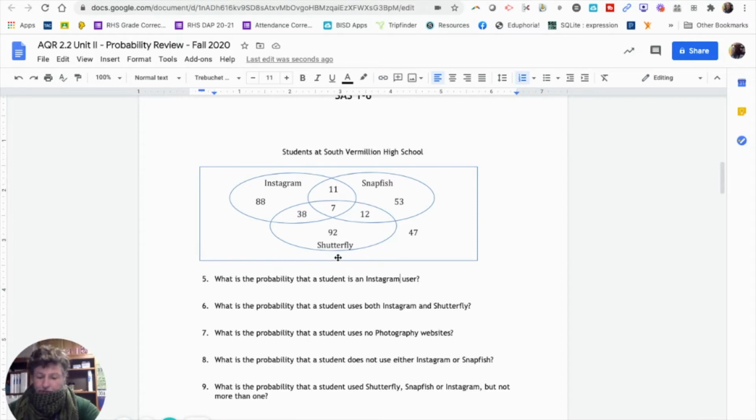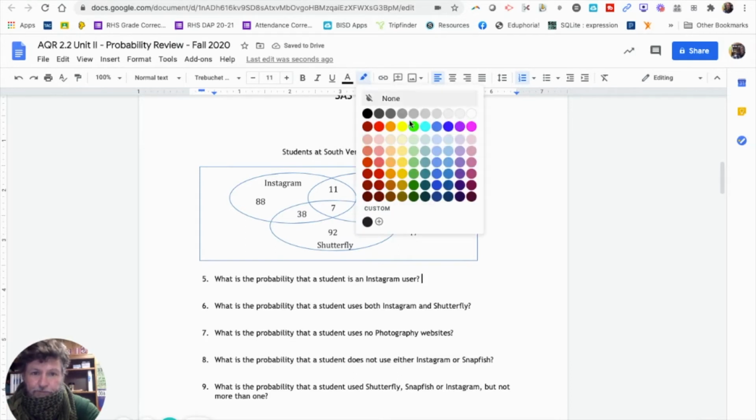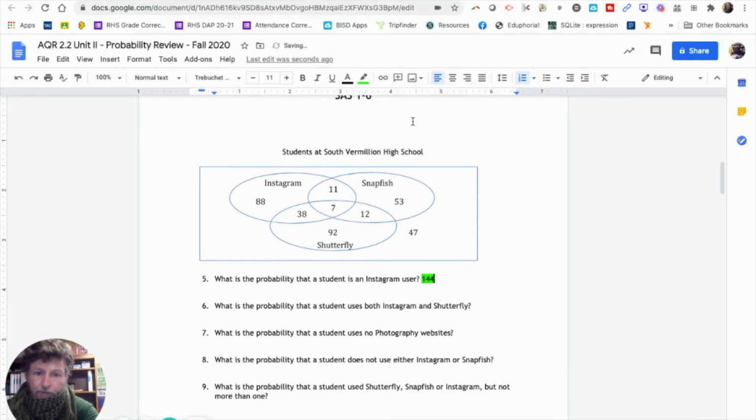So let's look and see what the total number of people that are in Instagram. That's 88 plus 11 plus 38 plus 7. So that's 144. Okay? So 144. I'm going to highlight it in green. 144 divided by the number of total. So we add the 12, the 53, the 92, and the 47. So it's 1,048.